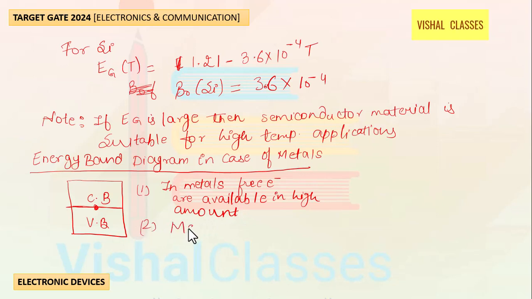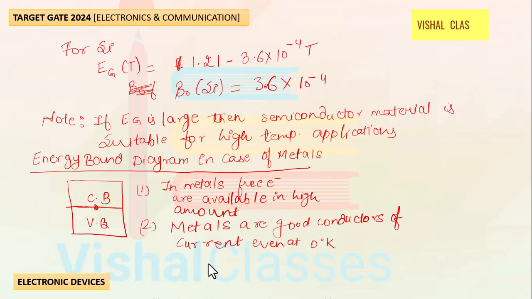Metals are good conductors of electricity, even at 0 Kelvin.